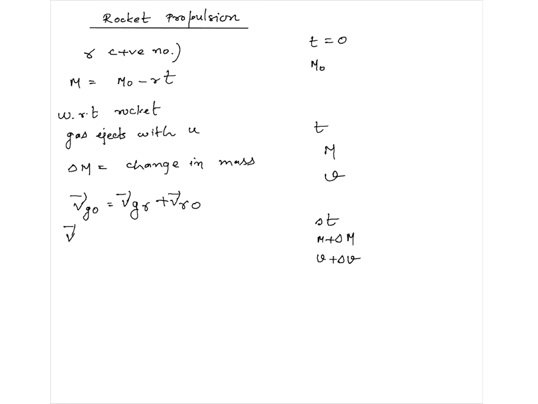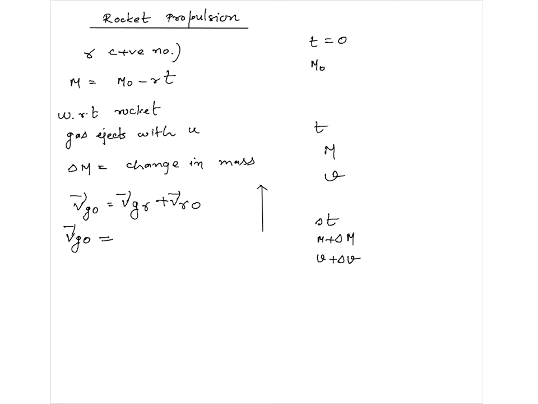The velocity of gas with respect to the observer in the upward direction. We know that gas looks like it's going downwards for the rocket, but with respect to the stationary observer we are considering the upward direction.